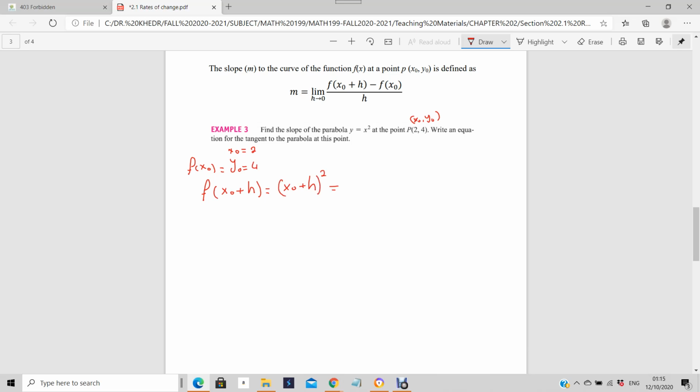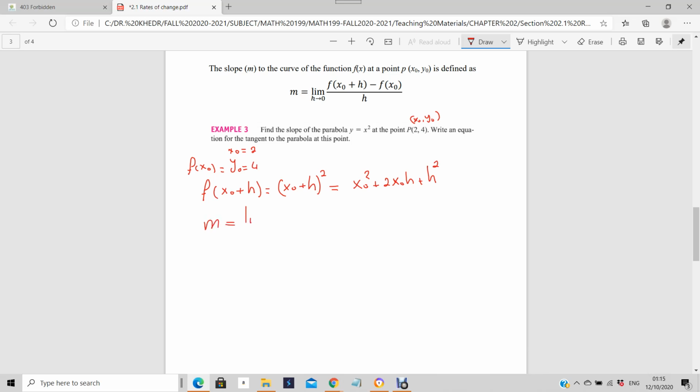You can expand this bracket as x0 squared plus 2 x0 h plus h squared.